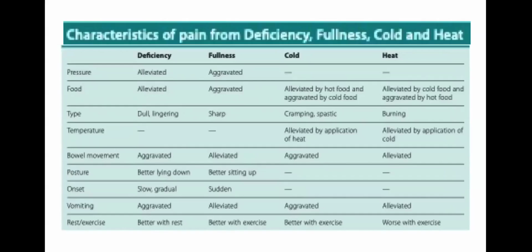If the pain is due to fullness, the pain is better sitting up. Pain resulting from deficiency has a slow, gradual onset, while pain resulting from fullness has a sudden onset. Vomiting will aggravate the pain caused by deficiency and alleviate the pain caused by fullness and cold. And vomiting will alleviate the pain caused by heat.